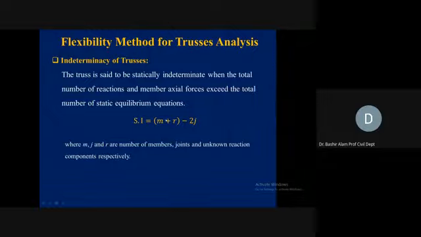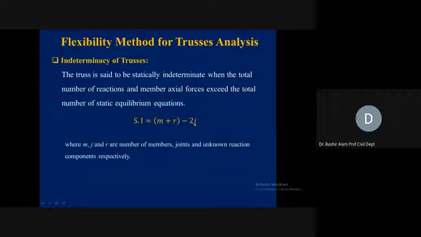So the sum of members plus reactions must be equal to twice the number of joints. Why twice the number of joints? Because it is a plane truss, and in a plane truss, at each joint, two equilibrium equations are available: summation of Fx equals 0 and summation of Fy equals 0.